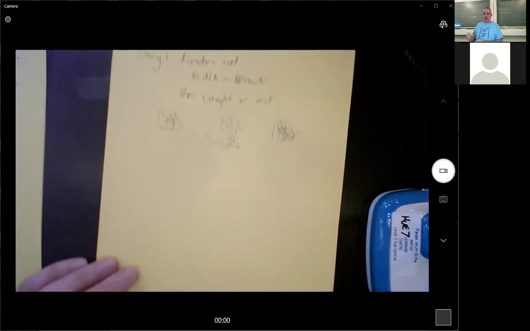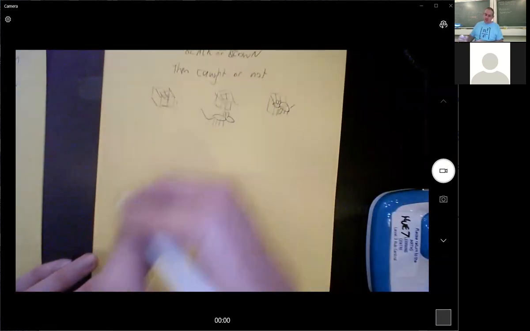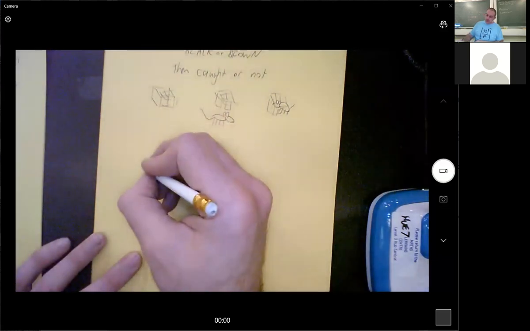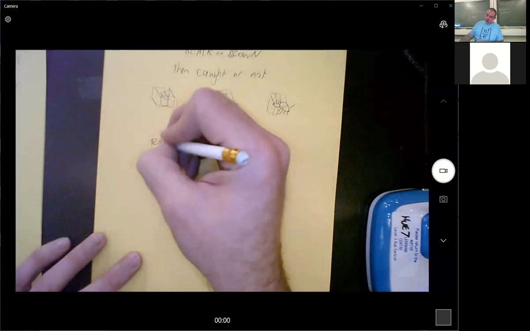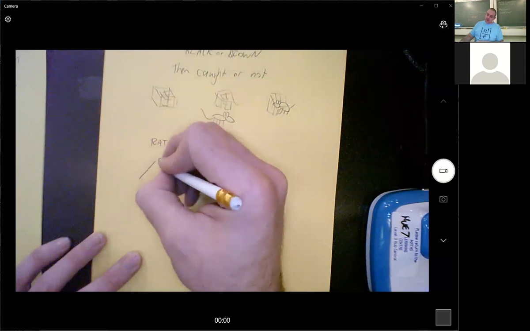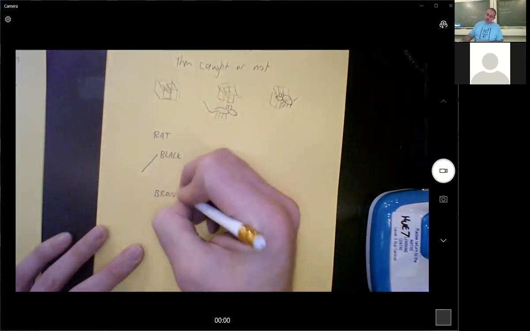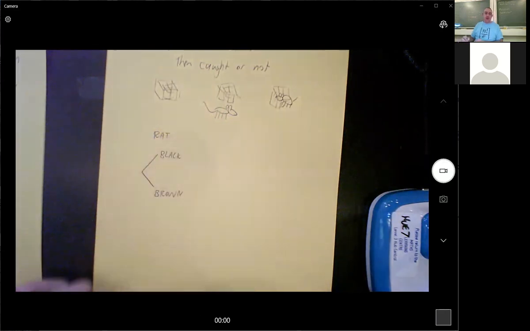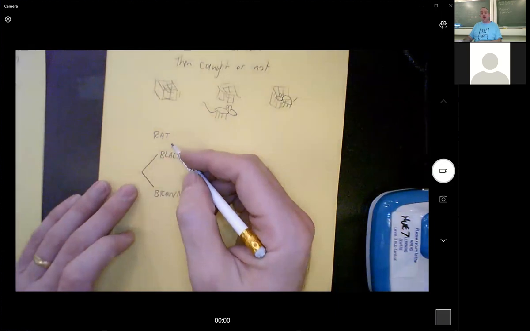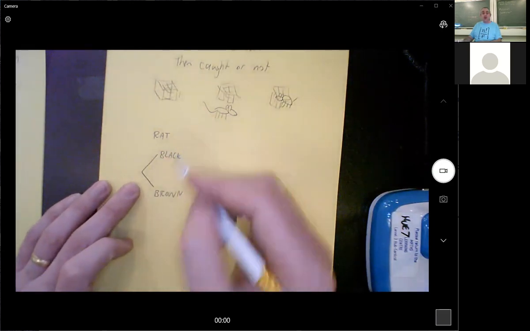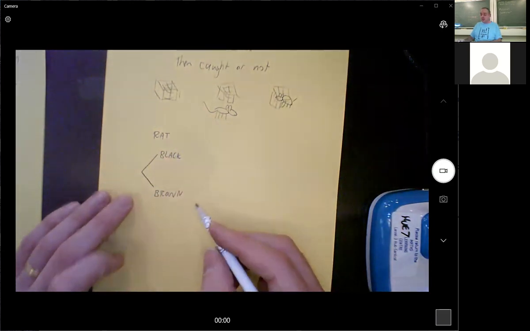Okay, that's my story. So I'm thinking that we choose our rat and it's either black or brown. That's the first stage in my story. So at the moment there's two possible stories that could be told: the rat that came along to my trap was black, or the rat that came along to my trap was brown.